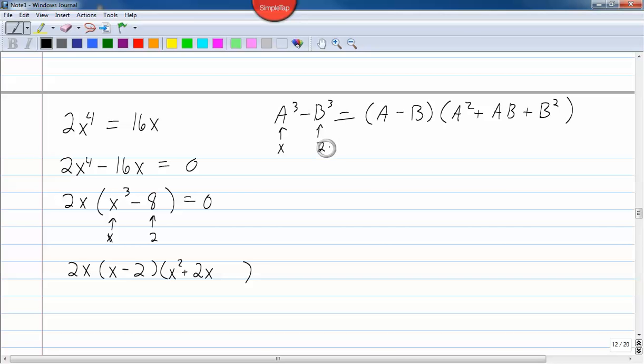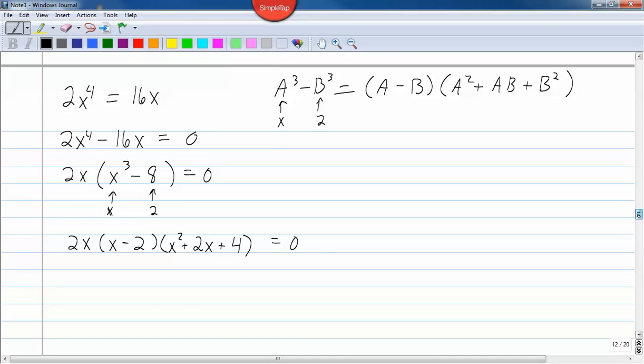B was 2, so plus 2 squared, or 4. Again, once you identify what's being cubed, then you plug them into the formula.